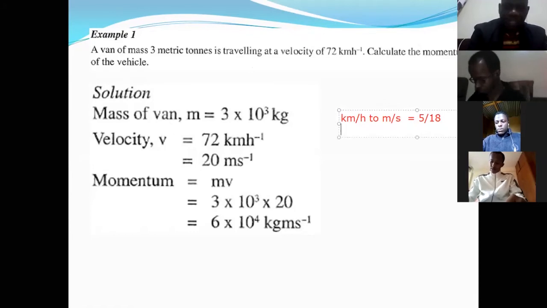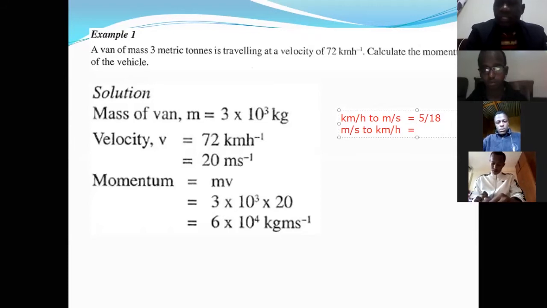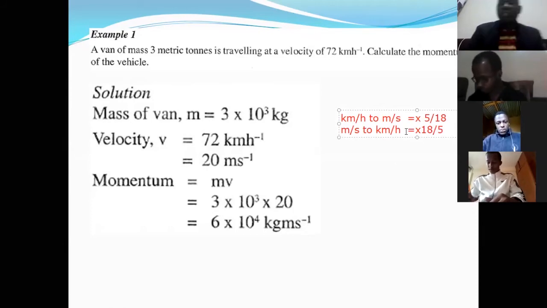And if you are converting meters per second to kilometers per hour, you multiply by 18/5. So that's how we do the conversion. Kilometers per hour to meters per second: in this case, we have 72.